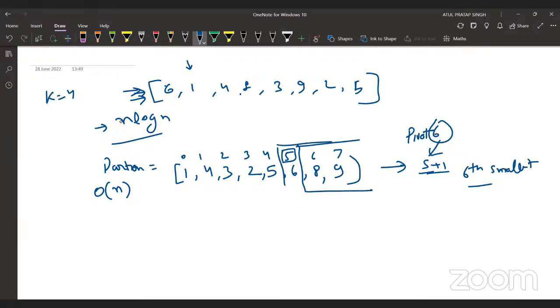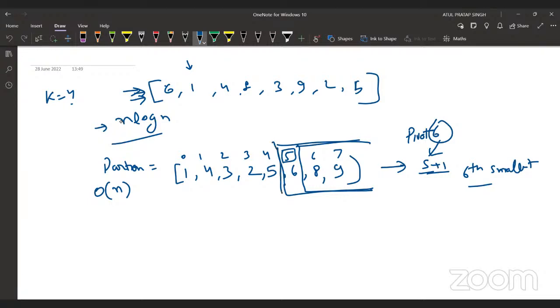Because we are finding the fourth smallest element, and in one partition process we got the sixth smallest element, definitely the fourth smallest element will come before this sixth smallest element. So we will discard everything after that completely.